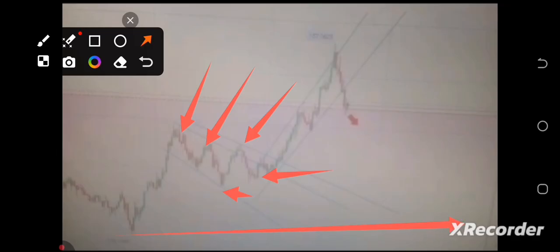But the ideal thing is just to go with the buyers, not with the sellers. And the candlestick is closing early because of your time frame.